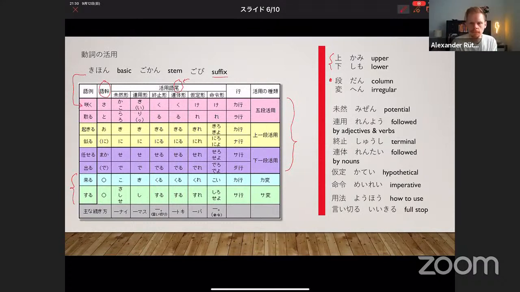All right then. So the first very typical one. Can you read this?